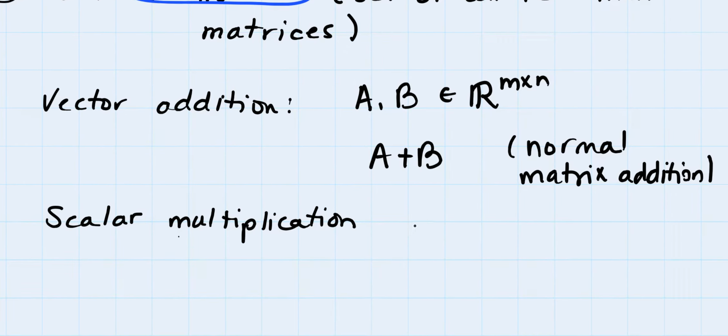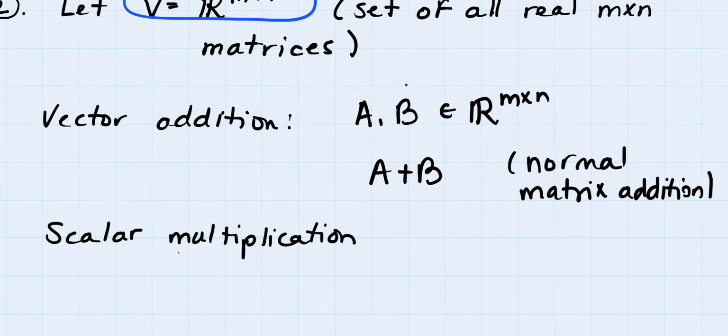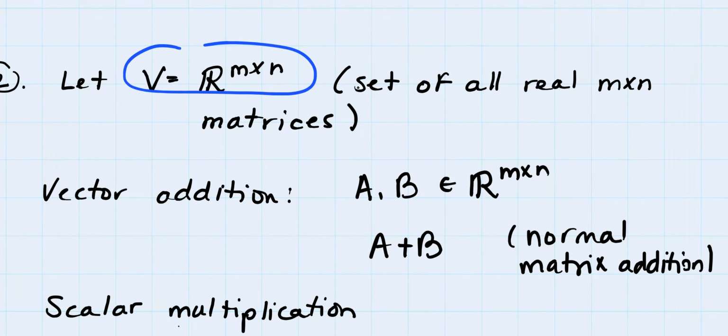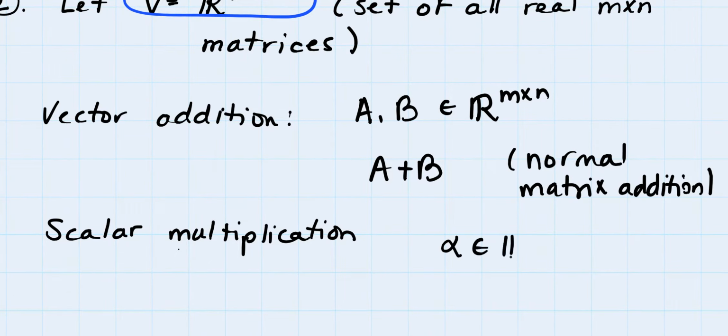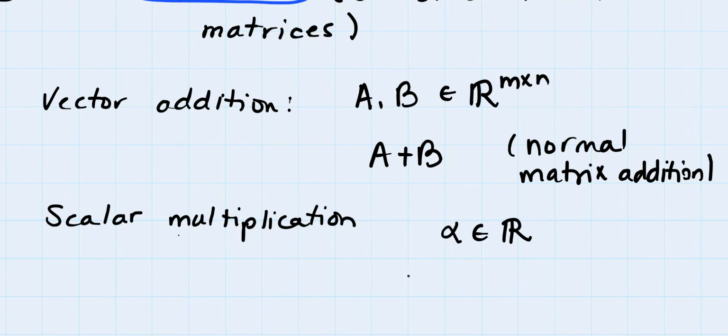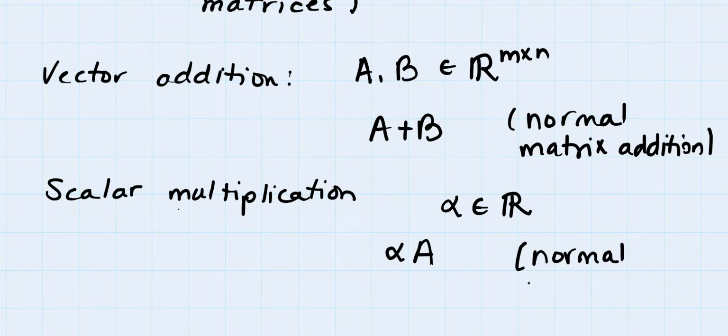Scalar multiplication, again, if I don't specify where the scalar is coming from, we assume the scalar is a real number. So we take a scalar and multiply it by a matrix. This is normal scalar multiplication.